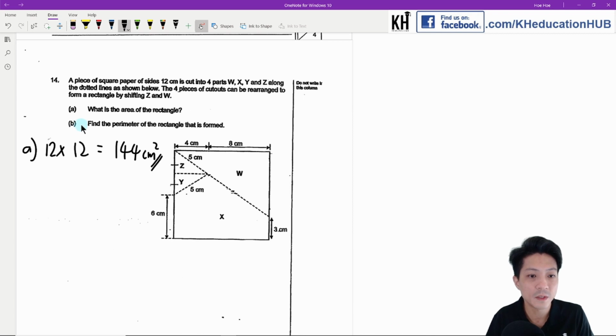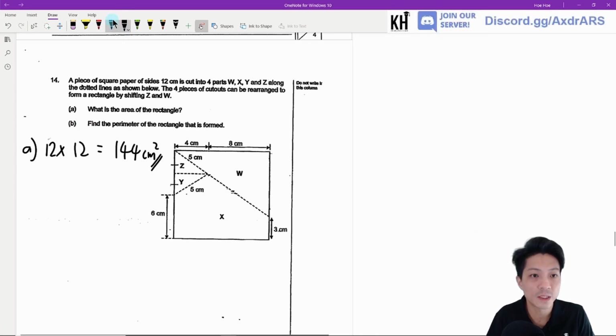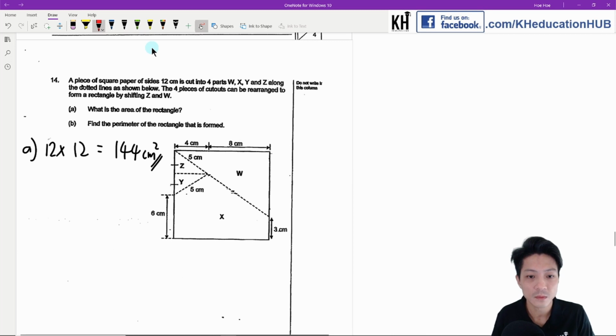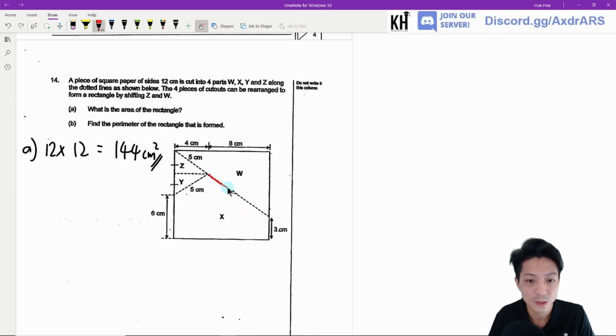Okay, part B, find the perimeter of the rectangle that is formed. Okay, so in order to form the rectangle, we need to move this down here. Let me try to draw it out. Okay, so the rectangle will move to here.